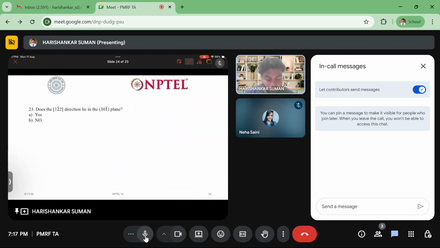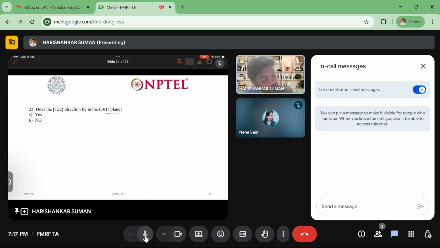Next question. Does the 1 minus 1 2 direction lie in the 3 0 minus 1 plane? Now please check yourself. You have UVW direction and HKL plane.